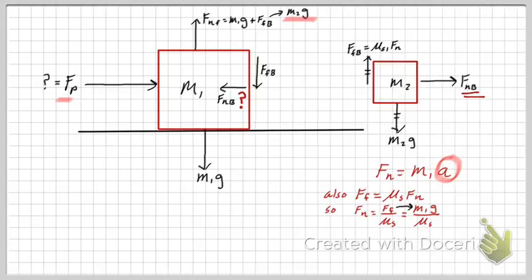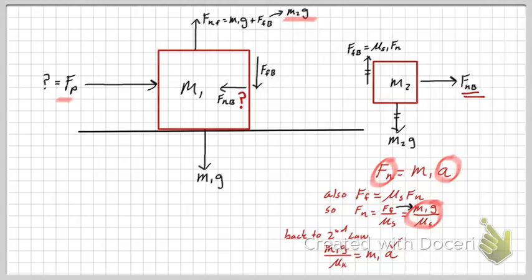So what we have here is an expression for force normal that I'm going to plug back into the second law equation that we first started with. And what this allows me to do is solve for acceleration. And that's going to be huge.